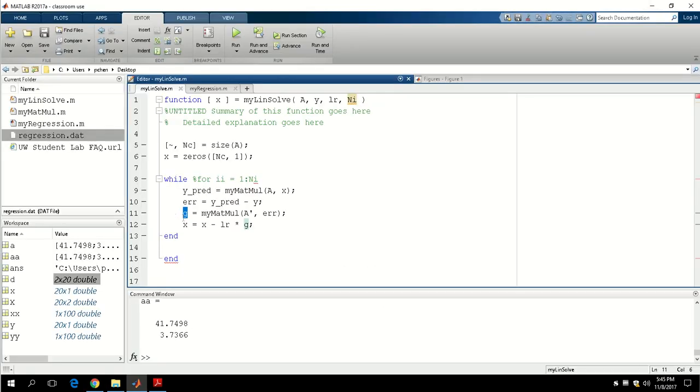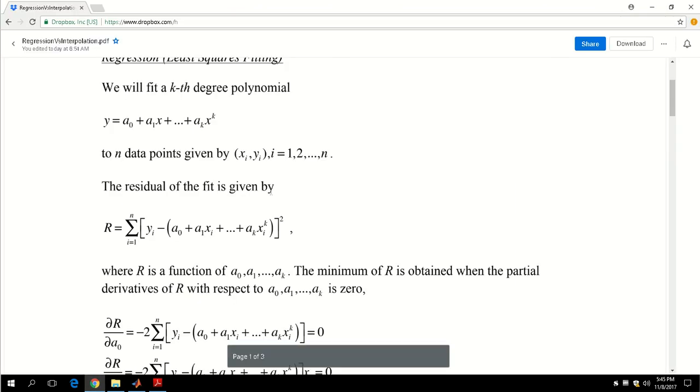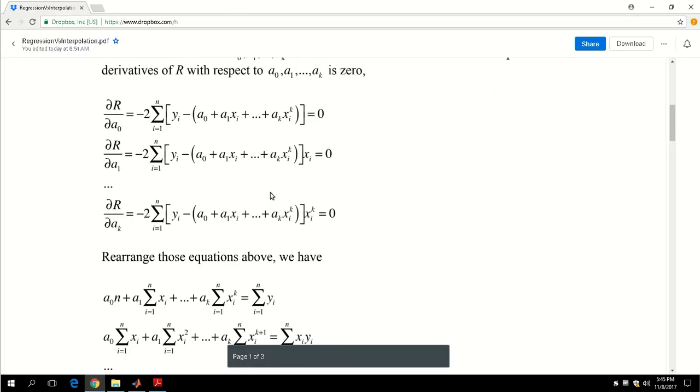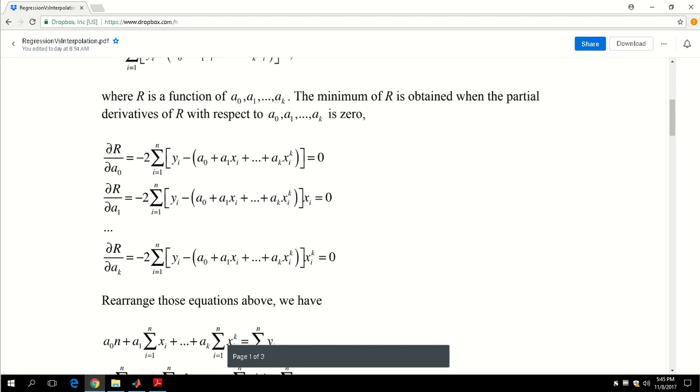So can we build our criterion for continuing the iteration based upon the size of G? Why do we want to do that? Don't forget, this is taking the derivative of the residual with respect to each of the A's. So that's exactly the gradient.